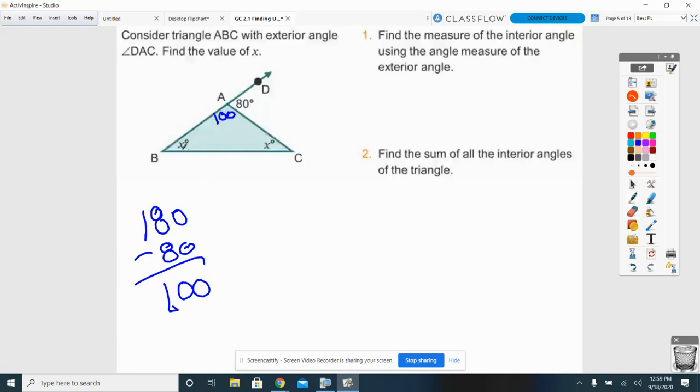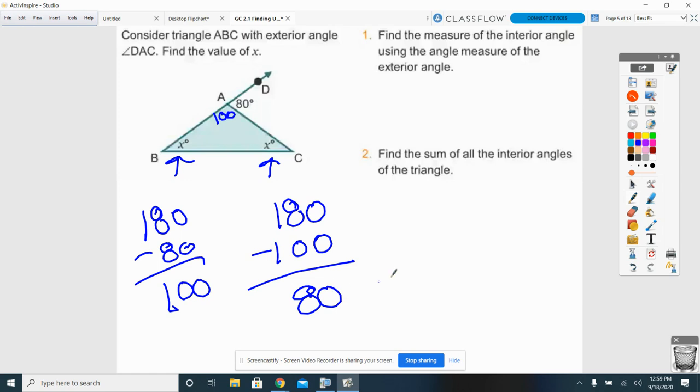Now what do I do? Well, I have two that are X. So I can't just take 180 minus 100 because then I'd have two of them to do. So if you tried to take 180 minus 100, you get 80, but that is for two angles. They are the same. They're both X. So if you divide it by 2, you can get that each angle would be 40.